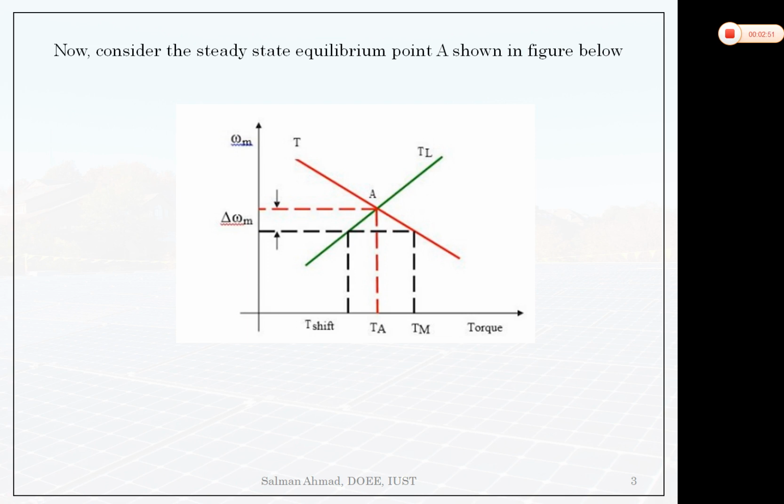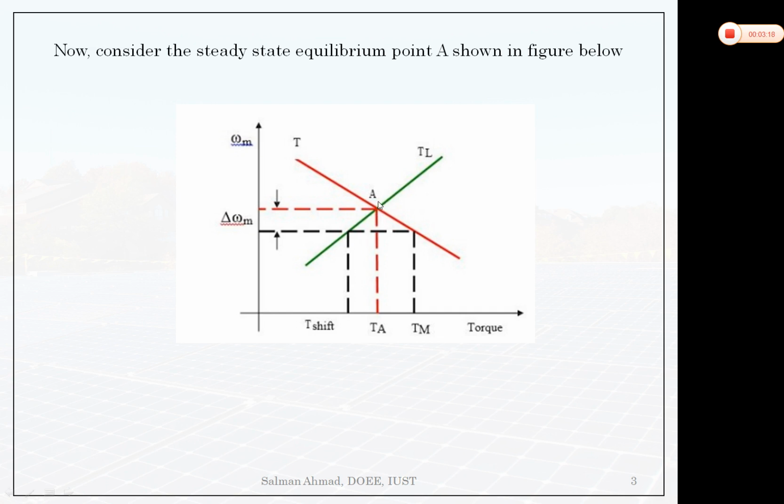For example, in this example, we have a motor torque represented by this red curve, and one load torque which is represented by this green line. We want to check whether this point A, that is the intersection point of load torque and motor torque, is stable or not.